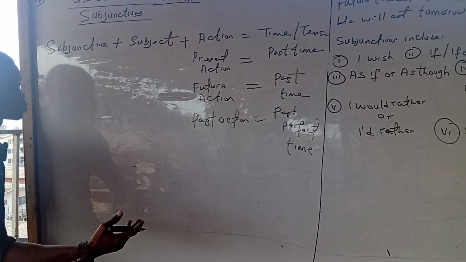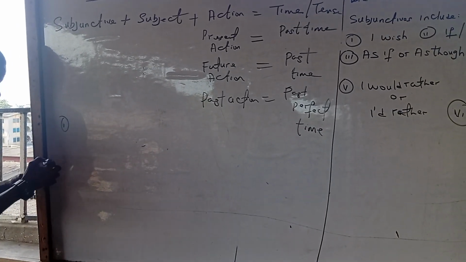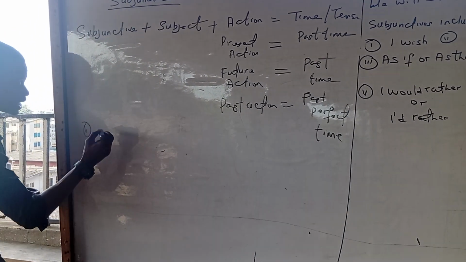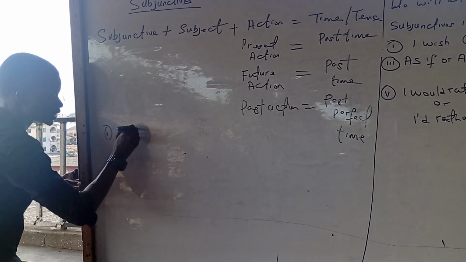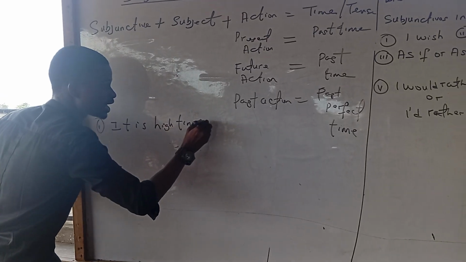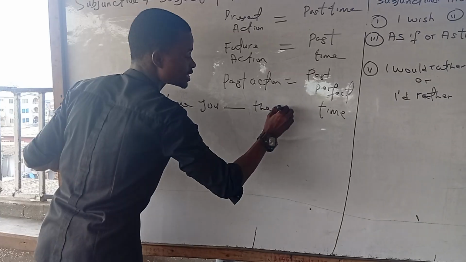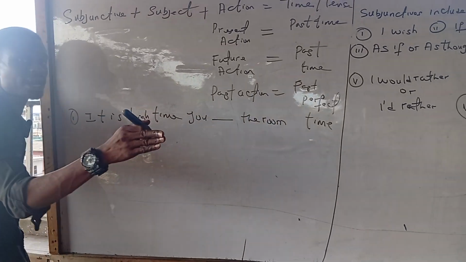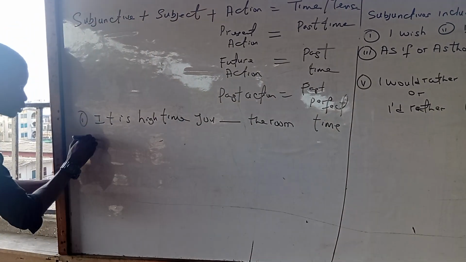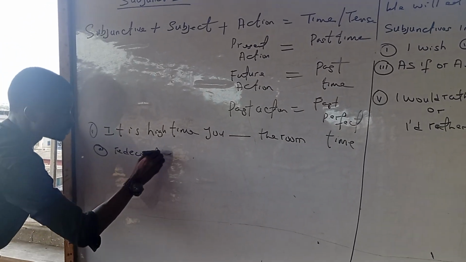Let's take about two examples and we see there. Number one example, if you have a question that says, it is high time you dash the room. This is a very popular WAEC and JAMB question. Option A, redecorate.